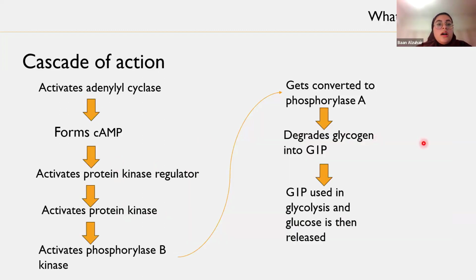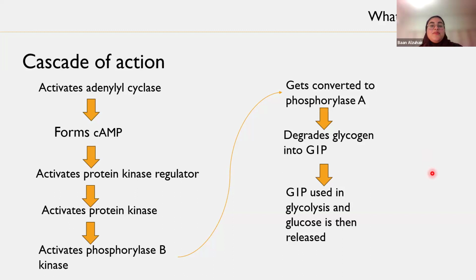Okay, so this cascade of action, Dr. Yaqeen, I'm not sure if he really emphasized it, but I'm going to mention it. So it activates adenyl cyclase. Glucagon binds to its own receptor and it activates adenyl cyclase, which forms cAMP, which then activates protein kinase regulator. That activates protein kinase.